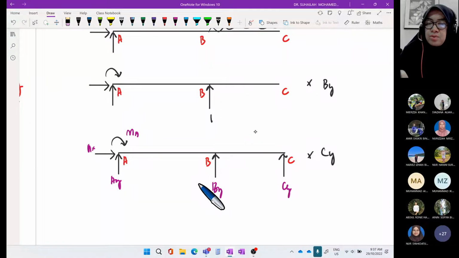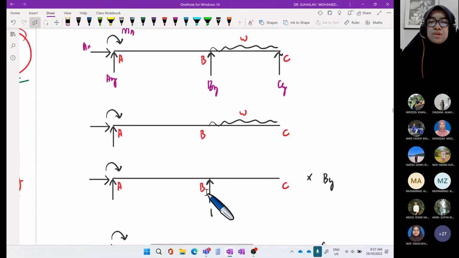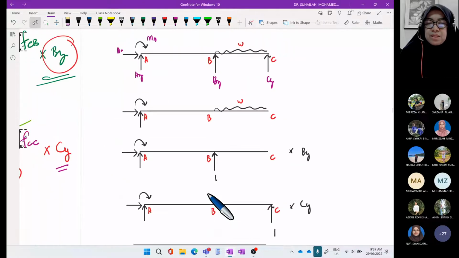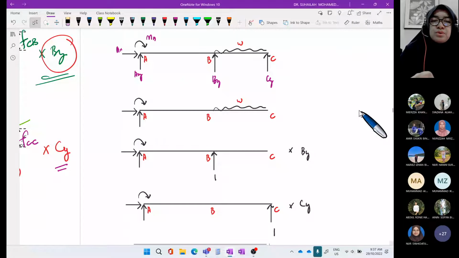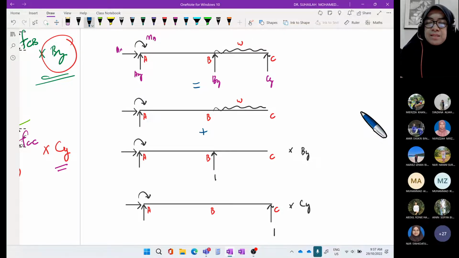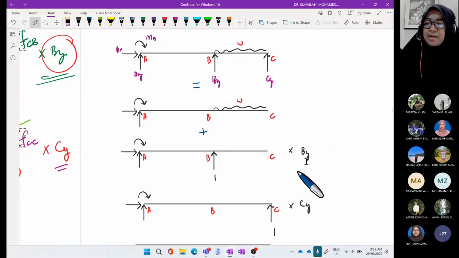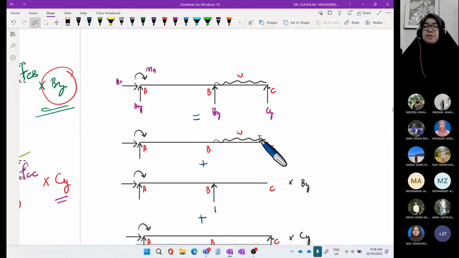There is no external loading. This is redundant CY applied, so a unit value of CY. So we have four systems. The actual beam is equal to the primary beam, plus redundant BY applied, plus redundant CY applied.